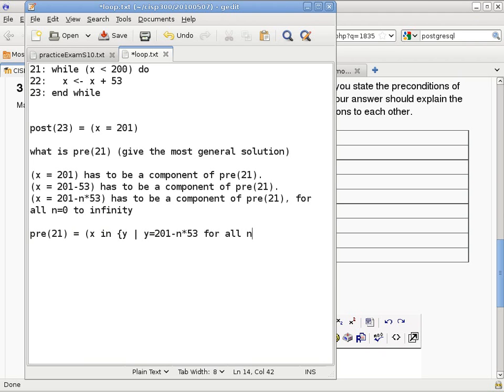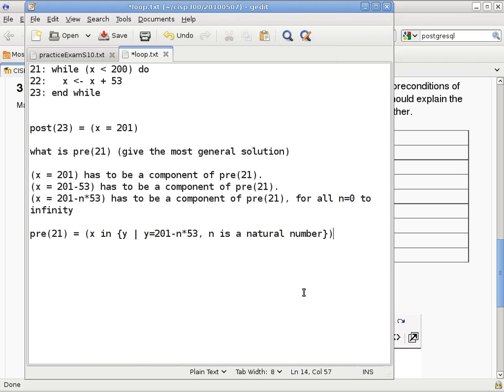I know how to express it in the context of CISP300, but express it that way, honestly. So in that case, x is in the set such that y equals 201 minus n times 53.